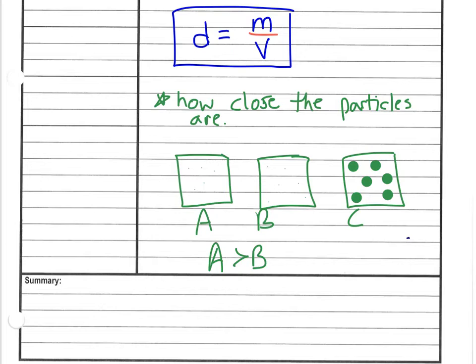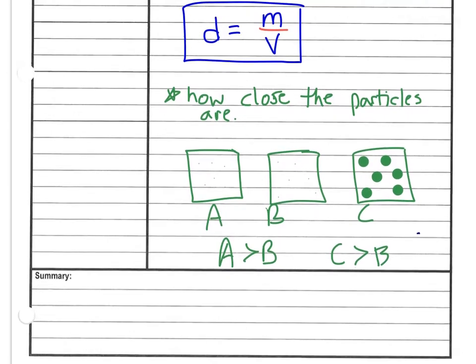When I look at these, because those particles are bigger, that means they have more mass, and so box C is also having a greater density than B. To compare A and C, we might need to know a little bit more about the particles and just exactly how close they are, but I'd have to guess that C is more than A just based on the size of those particles I drew. So we can talk about density from the terms, or from a particle diagram, which I think is a later objective, so we'll get to that. Okay, so density is how close particles are.